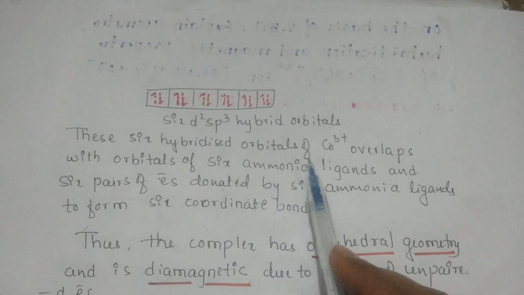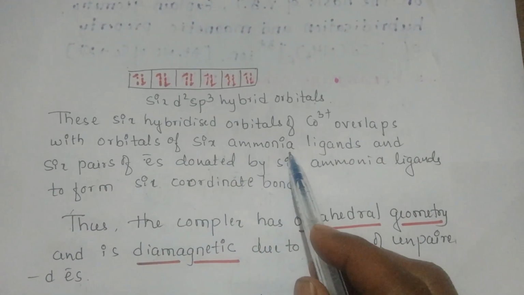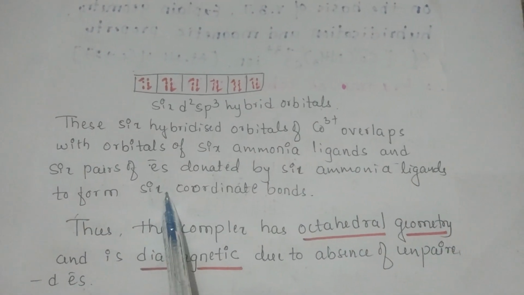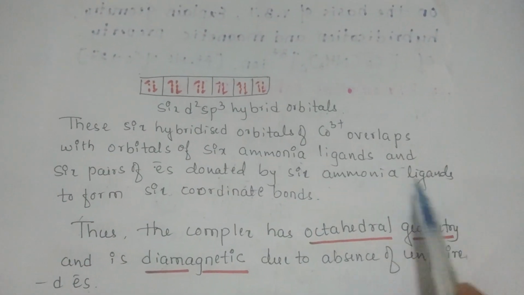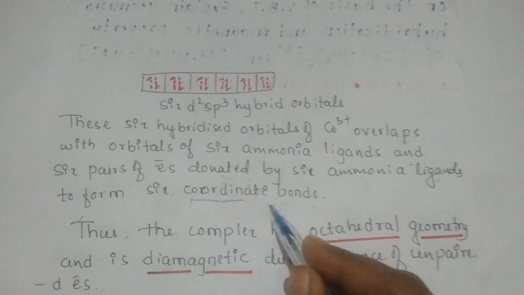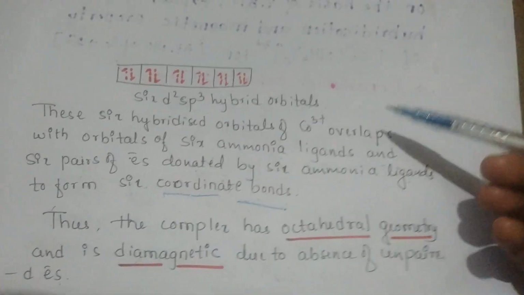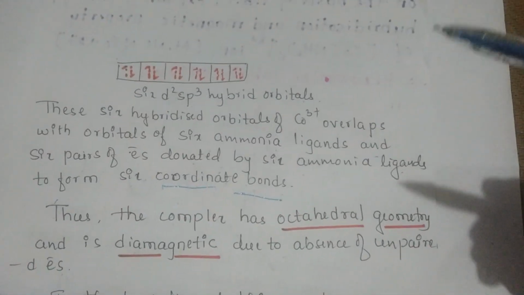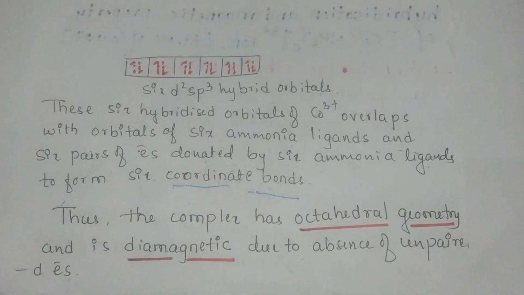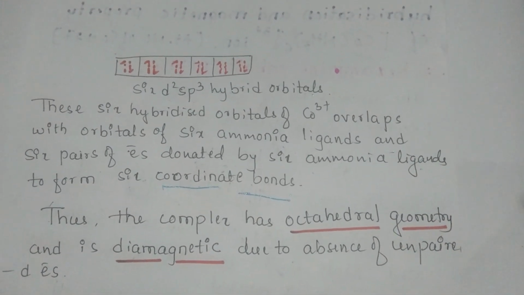Here these 6 hybridized orbitals of the cobalt ion overlap with the orbitals of the 6 ammonia ligands, and 6 pairs of electrons are donated by the 6 ammonia ligands to form 6 coordinate bonds.